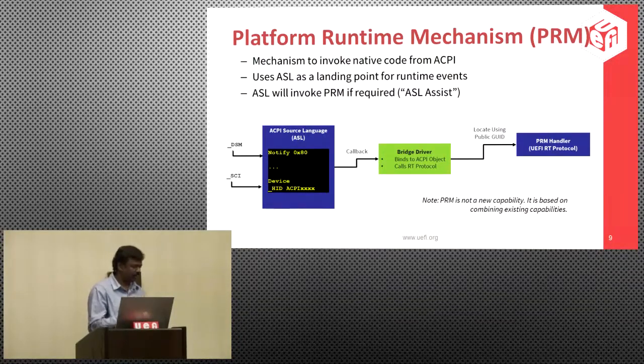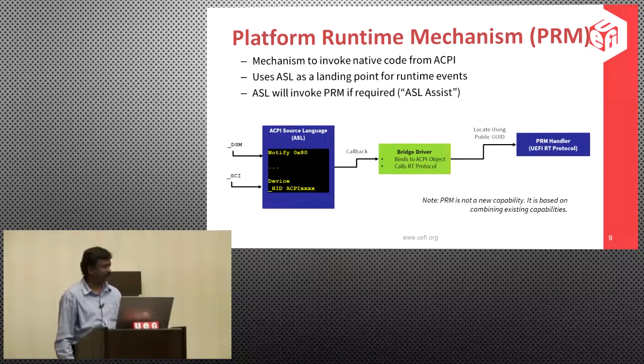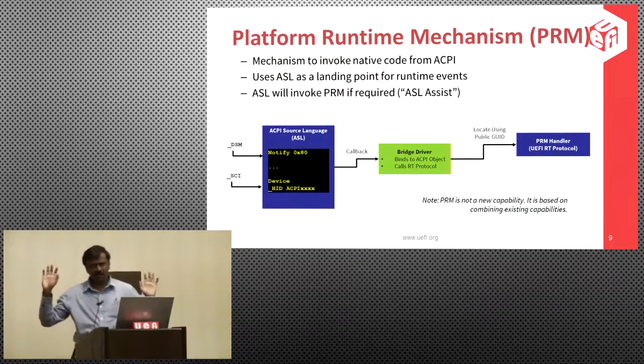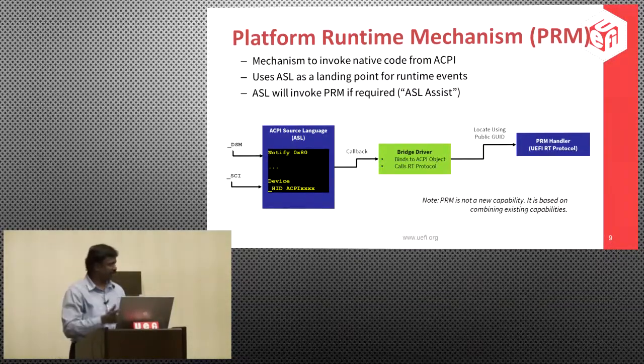So I can't do things like CLFLUSH or PCOMMIT or SFENCE, or any MSR operations in ASL. So people drop into SMI, write to port B2 from ASL code, and drop into SMI. I have everything I need. I can run native code.